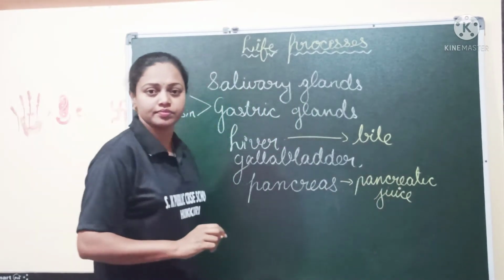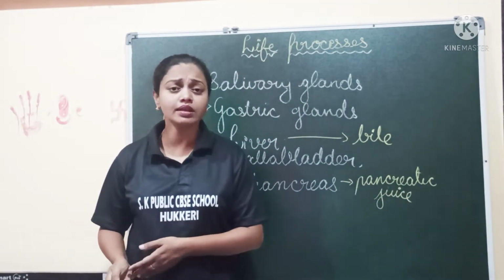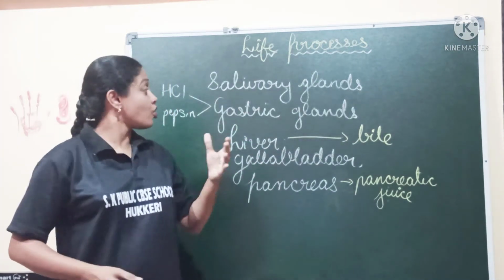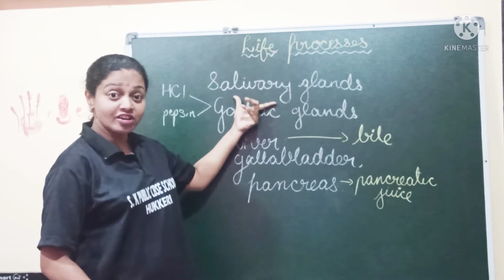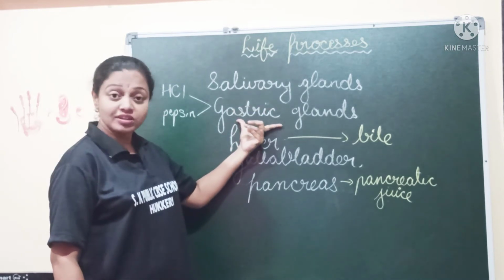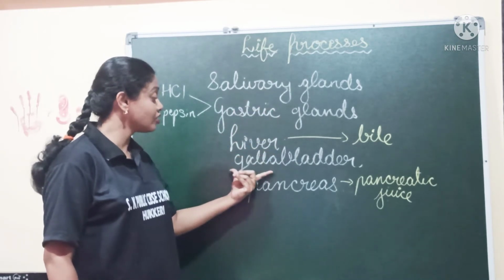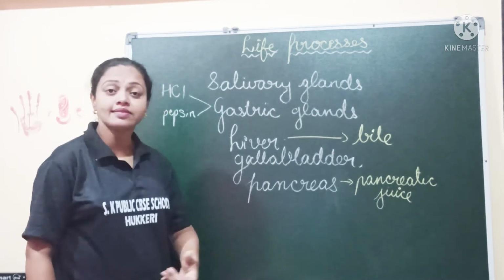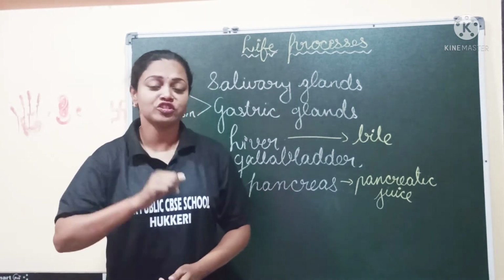Now let's see all the pictures of the salivary glands, gastric glands, liver, gallbladder, followed by the pancreas. I will send them to you now.